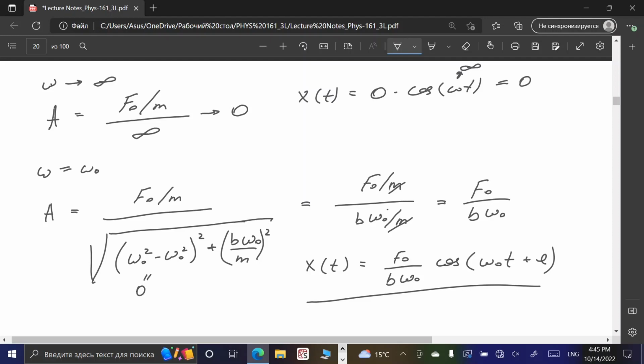In that case, we will observe oscillation with the natural frequency, obviously, because both are the same, and the maximum possible amplitude for a given system, defined by the magnitude of the exerted force, the drag force coefficient, and the natural frequency of the system.